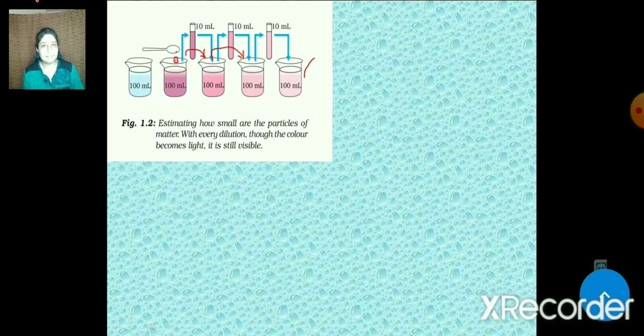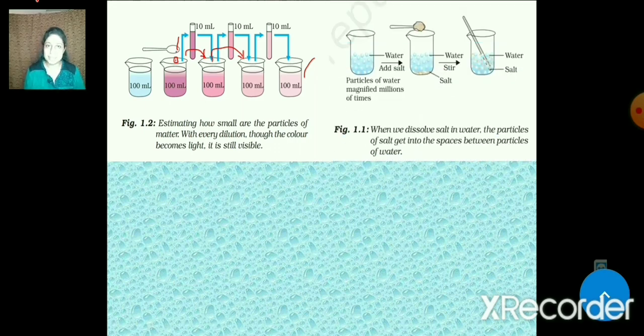Now, we can infer from this that this small amount of potassium permanganate is also made up of millions and millions of teeny particles, and these particles are getting divided in every beaker, and that's why we can see that the color is getting lighter, but still there is the presence of potassium permanganate in every beaker, though we divided it many times.